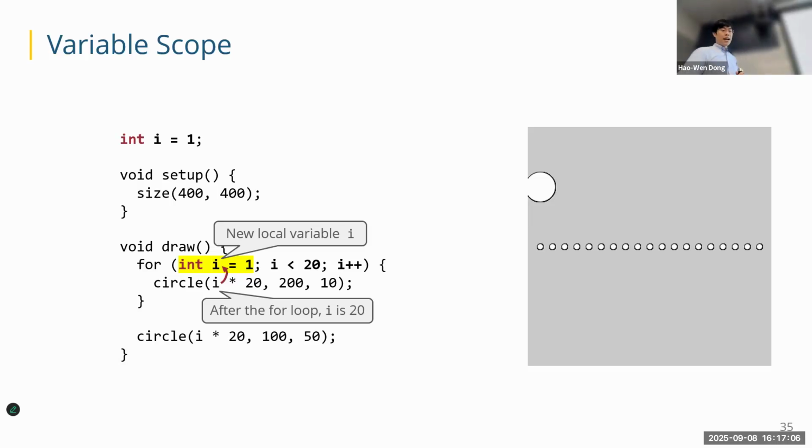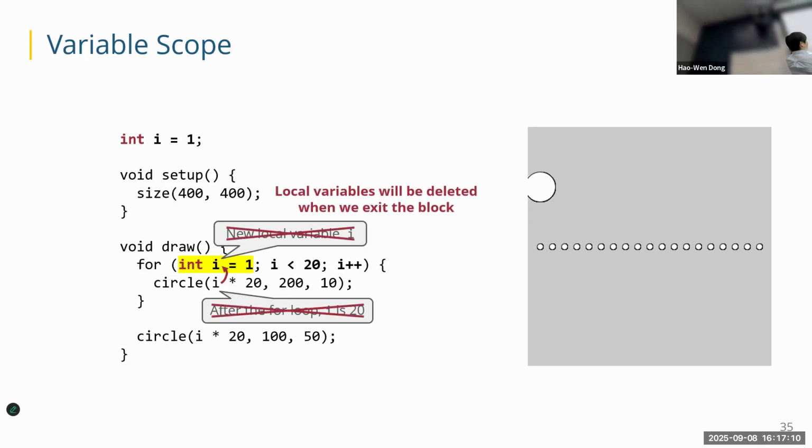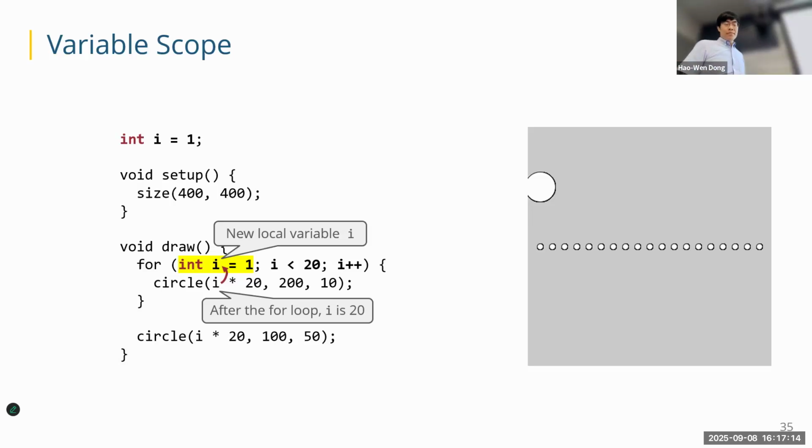So what happened here is that, once this whole block is done, this local variable is actually being, what's that word? It's not terminated. It's just like, we would call it like garbage recycling or garbage management. So this i is just being destroyed. I guess destroy is a better word. So this i is destroyed.